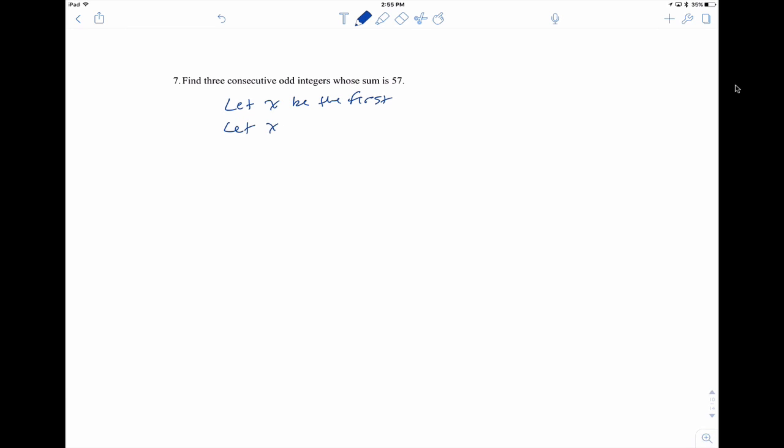Let x plus 2 be the second. They're separated by 2. And that means that the third of these 3 consecutive odd integers will be x plus 4. And your sum is 57. So x plus x plus 2 plus x plus 4 all together equal 57.